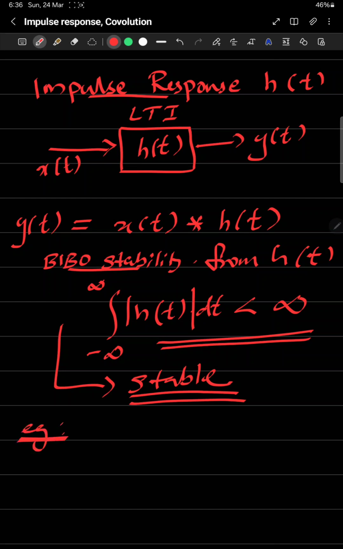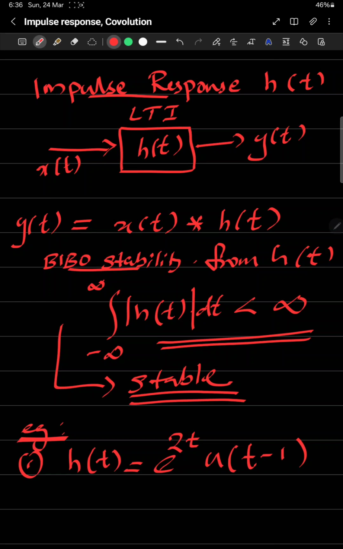For example, let us consider a few systems. First one, say h of t is equal to e raised to 2t into u of t minus 1. If you integrate it, e raised to 2t u of t minus 1, this will not be a finite value.